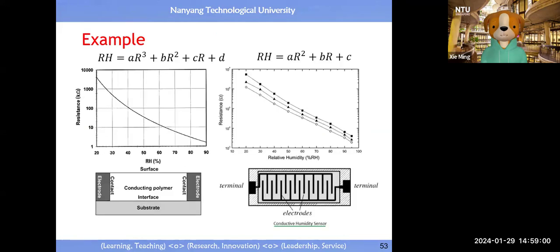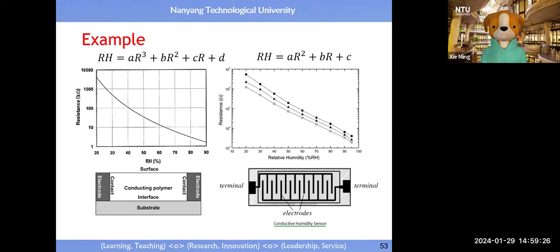Okay, so you can see this is the relationship, right? When humidity increases, resistance will reduce, right? But this is not a linear relationship. Here I'm showing you the calibration equation. You just do the curve fitting, right? So once you have a resistance, then you can calibrate what should be the exact value of relative humidity.